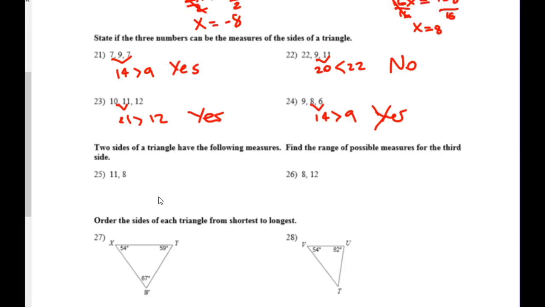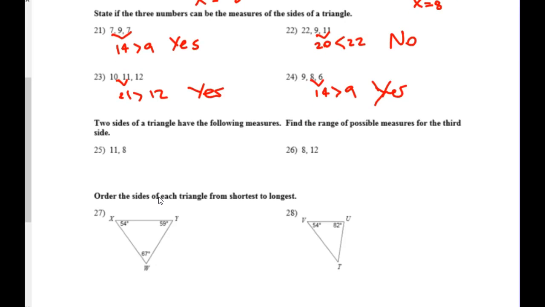All right. 25 and 26. Okay, we talked about these range problems. If you only have two side lengths given, you can find a range of possible measures for the third side. And it's not too hard once you know the rules. We always put x less than. And then on the left, we're going to subtract 11 minus 8.